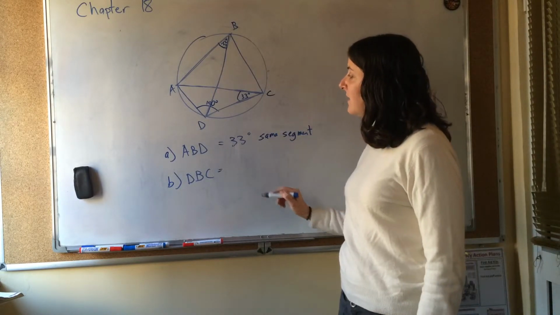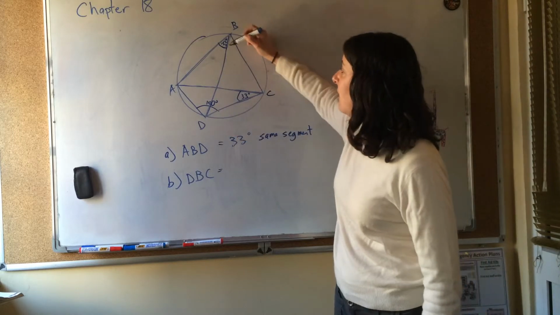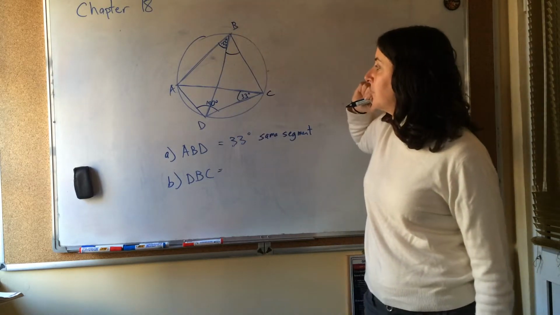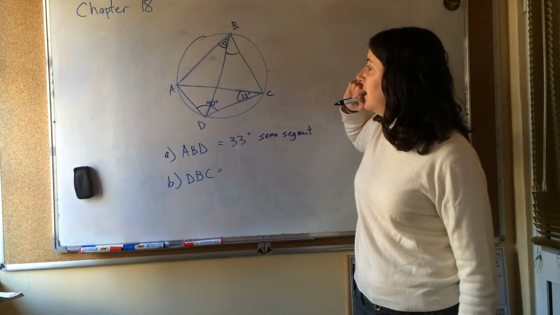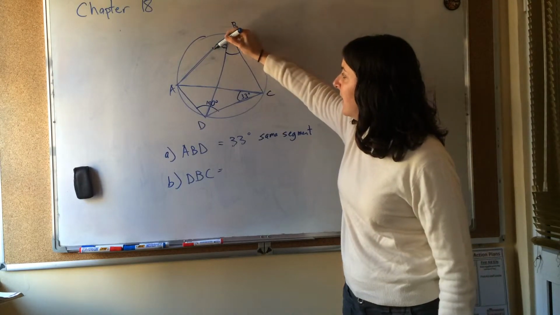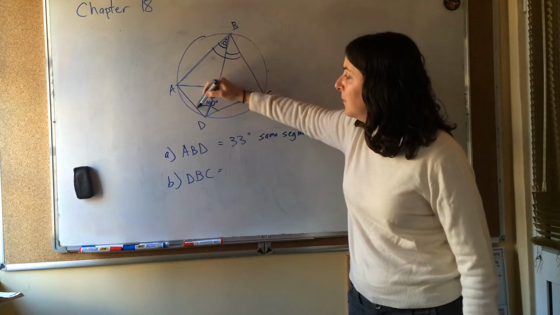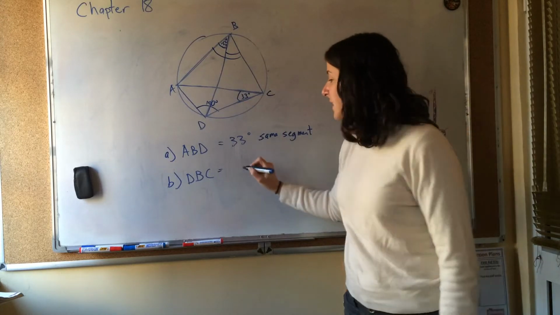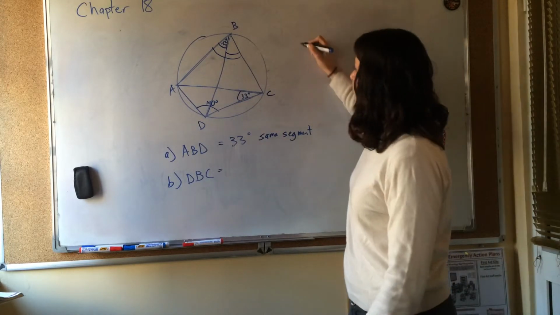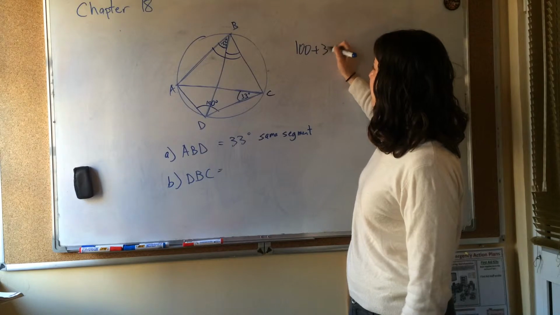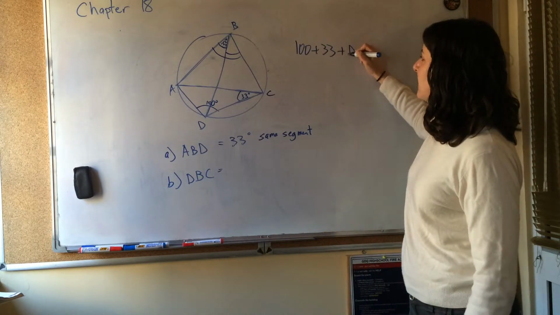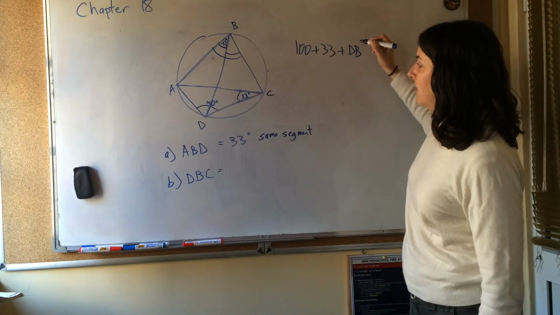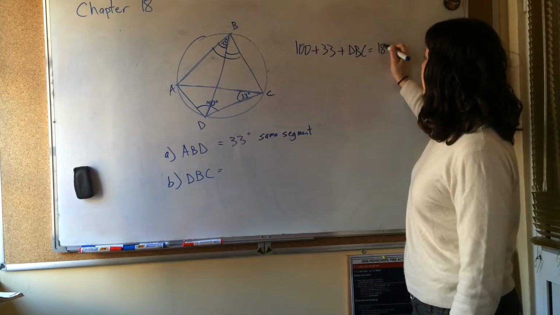For angle DBC, now I want this angle. Now, what I'm doing here is I'm looking at this whole angle plus this whole angle being supplementary. So we know that 100 plus 33 plus this angle, DBC, equals 180 degrees.